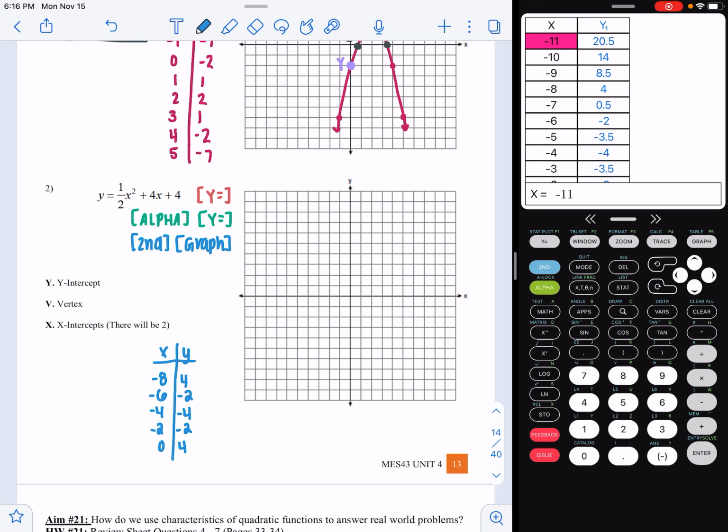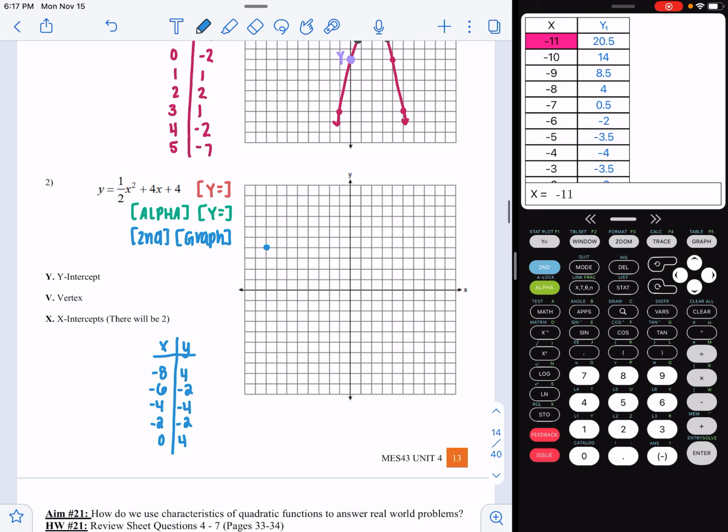Okay, so negative 8, 4, negative 6, negative 2, negative 4. Whoops, that was the wrong point. Negative 6, negative 2, negative 4, negative 4, negative 2, negative 2, 0, 4.